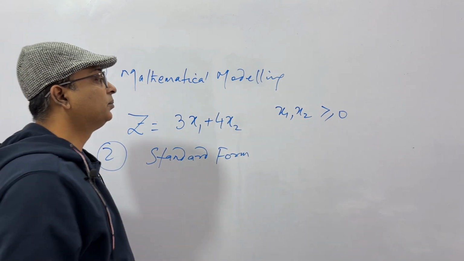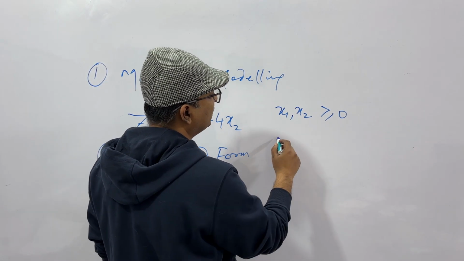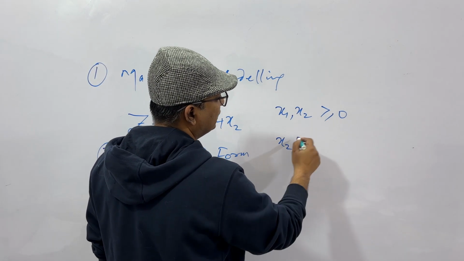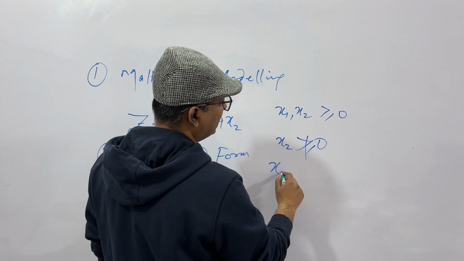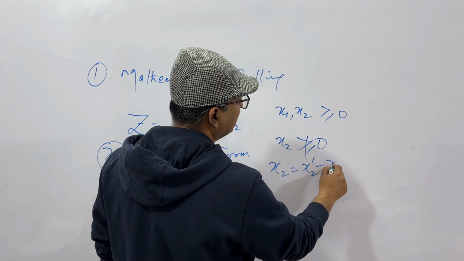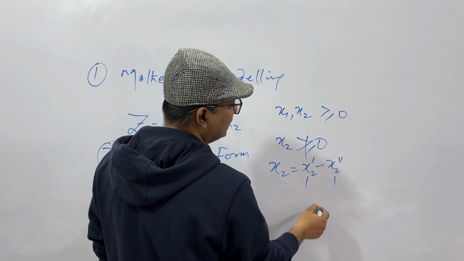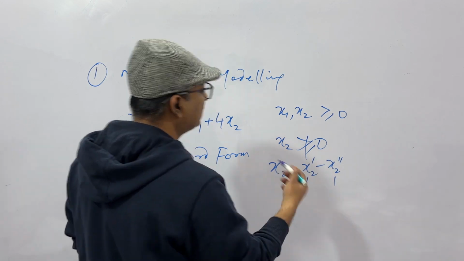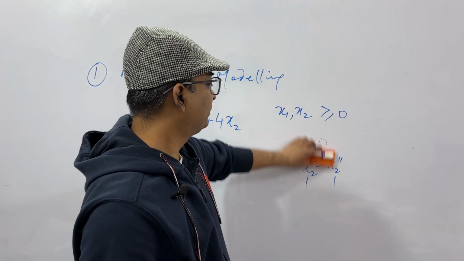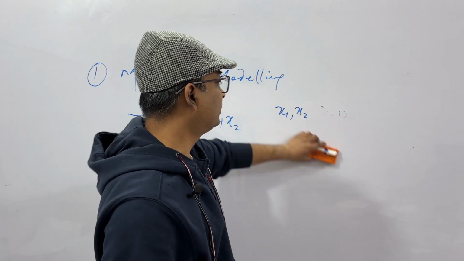If a variable is not greater than or equal to 0, let's say x2 is not, then we make x2 equal to x2 dash minus x2 double dash, where these are greater than or equal to 0. So this way we transform the equation to standard form.